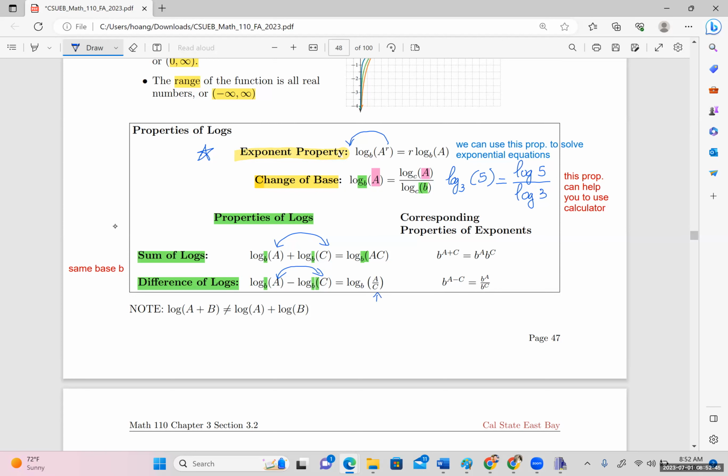Do you understand that? So as you see, we have negative log of C, make C at the bottom.